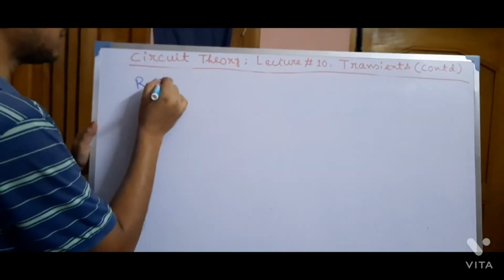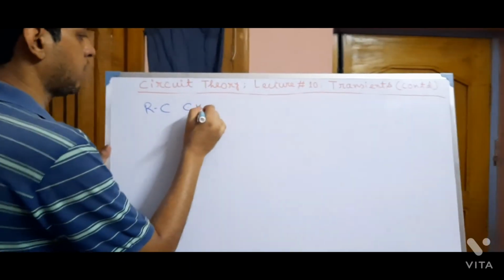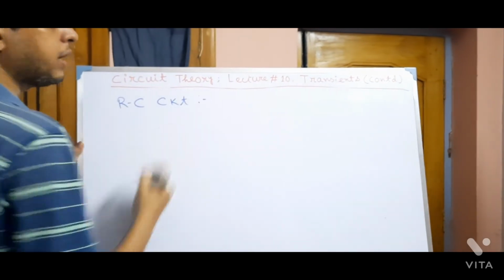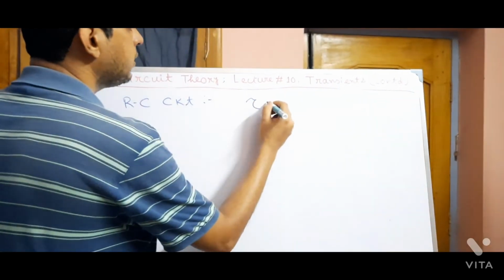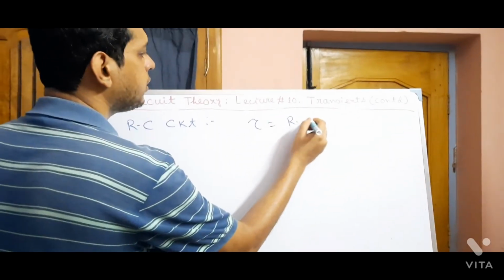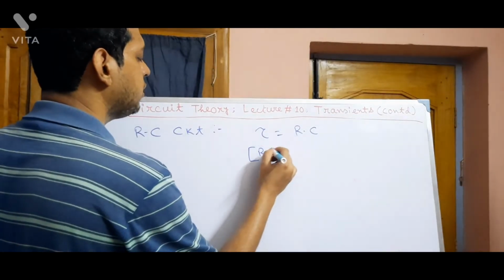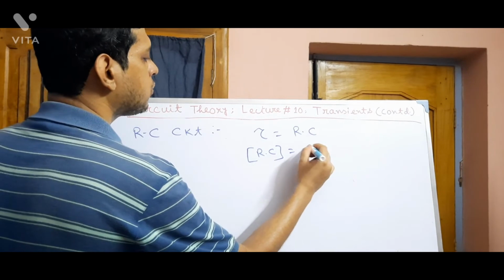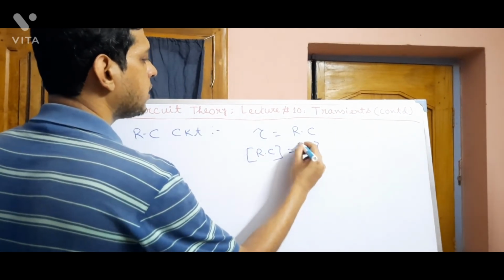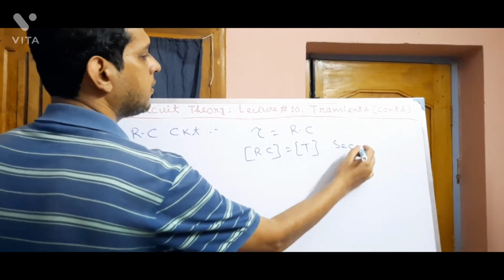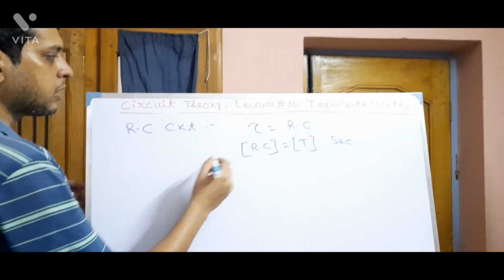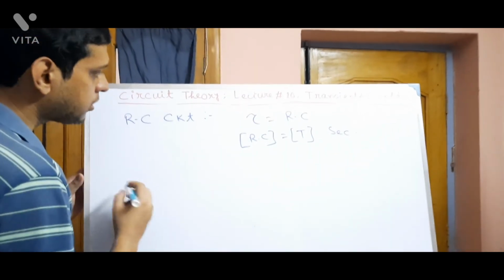Okay, now in a RC circuit, the time constant is given by what? R into C. So the unit of RC must be equal to the unit of time, that is second. Now this can be proved very easily.